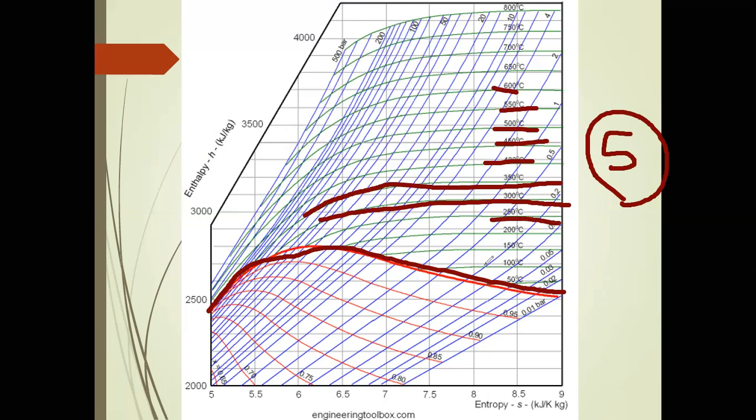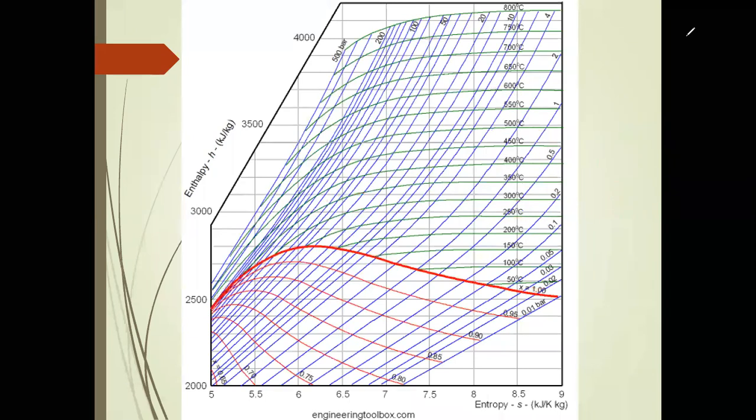So the upper region is the superheated region, and the main parameter of this region is temperature, the superheated temperature.